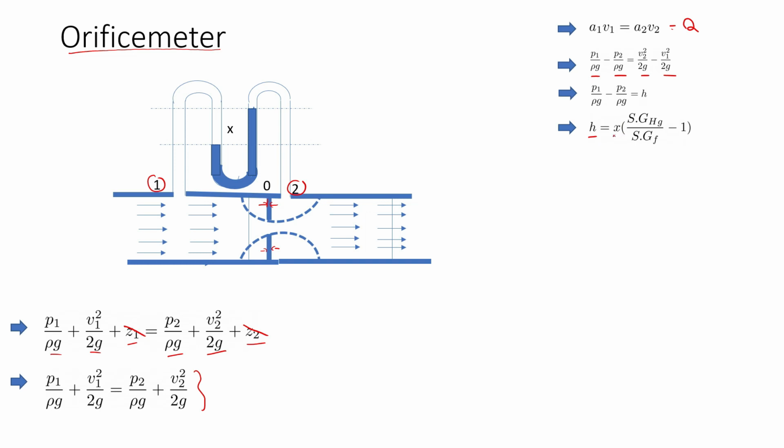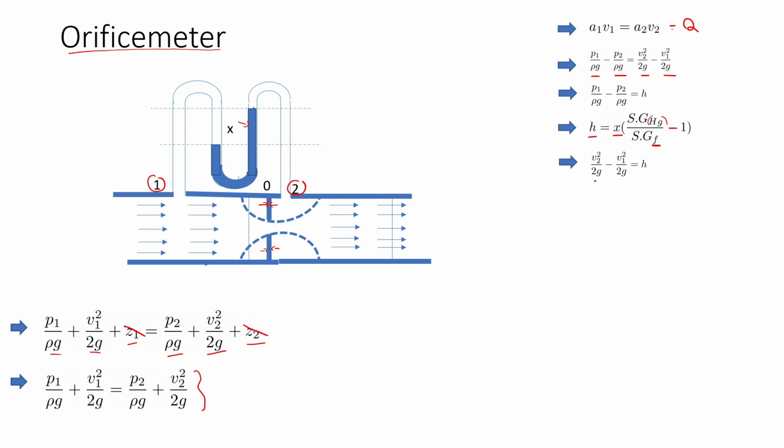You can measure X from the manometer, and you can use this formula to find H. This is the specific gravity of mercury, or the fluid used in the differential manometer, and this is the specific gravity of the fluid flowing in the pipe. If it is water, it is 1, and if it is oil, it is 0.9, something like that. It depends upon the fluid flowing in the pipe, minus 1.